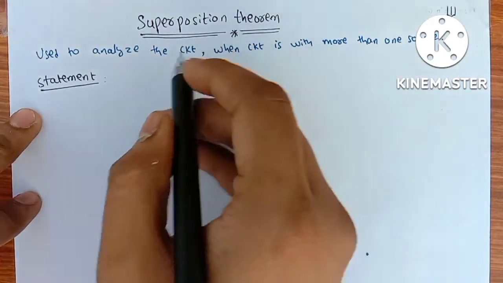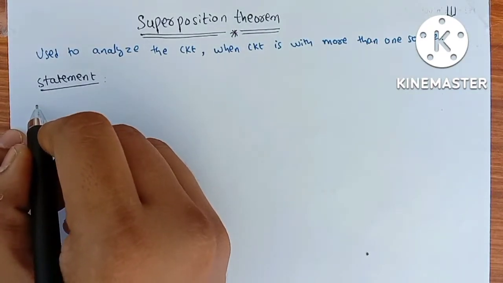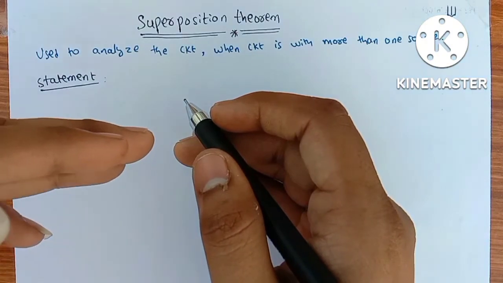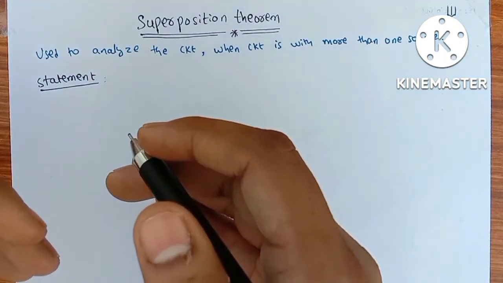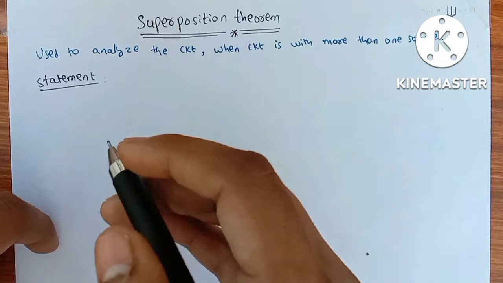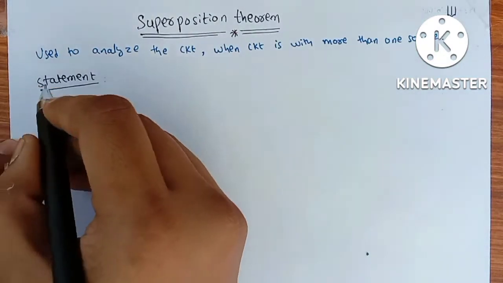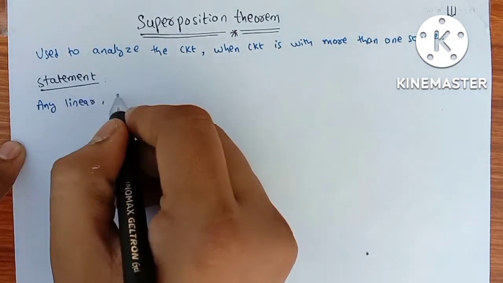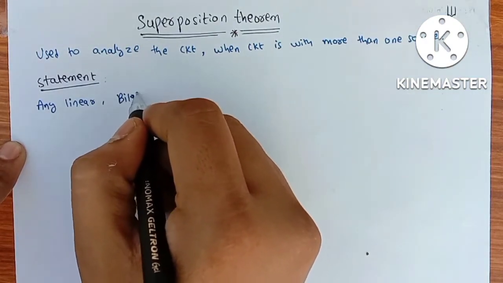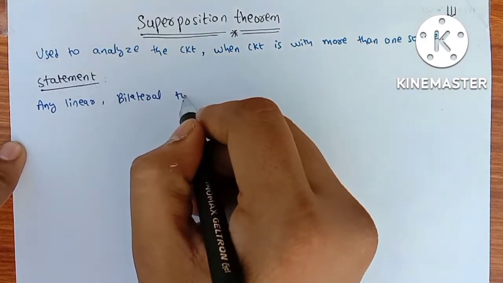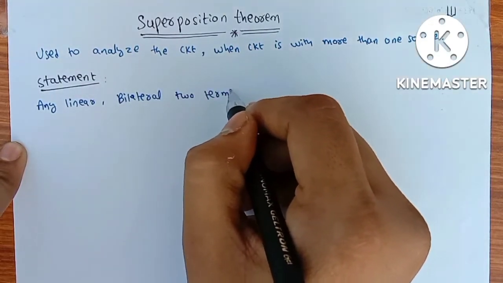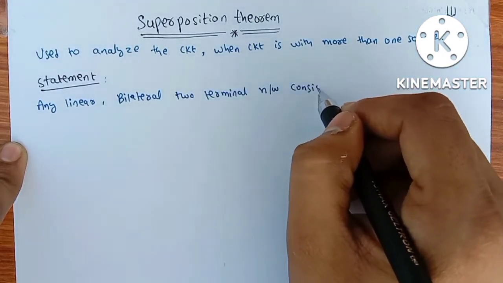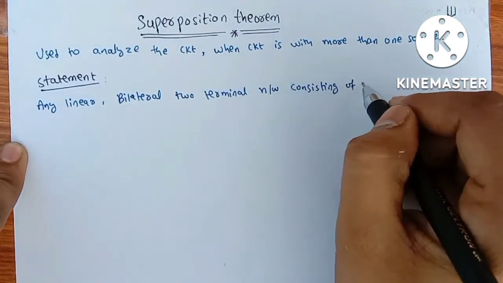The superposition theorem states that if you have any linear or bilateral two-terminal network consisting of more than one source.